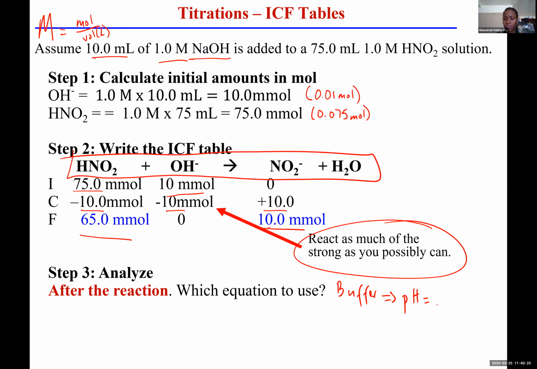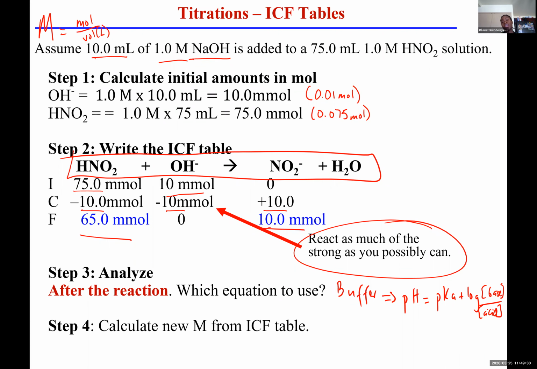The Henderson-Hasselbalch equation. Log of the base over the concentration of the acid. And then you can figure out your molarity. Make sure that you convert these back to big M, molarity, and then you can plug in to find your pH. Okay, so that's essentially what we're going to be talking about for the next couple of video lectures.